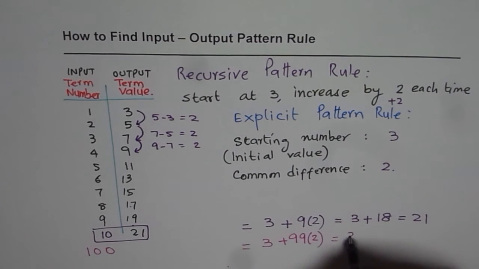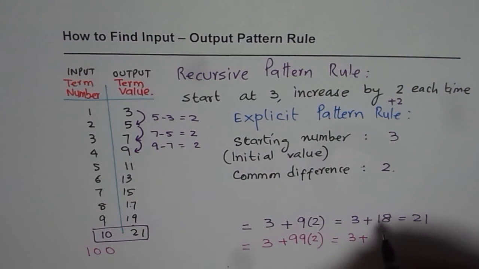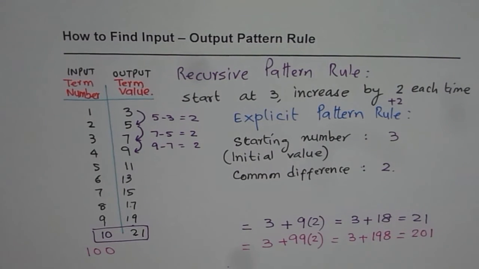Correct? So that means 3 plus 99 times 2. 100 times 2 is 200. 2 less than 200, right? So 198. And that should give us 201. So that is the way to find the explicit pattern rule. Correct? So that is how you can get your answer very fast.